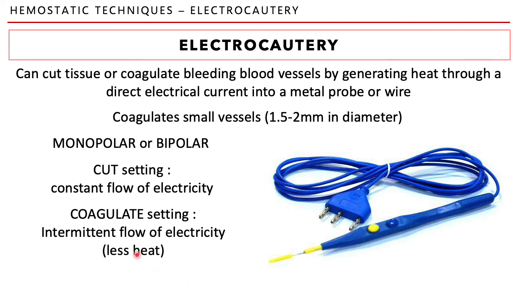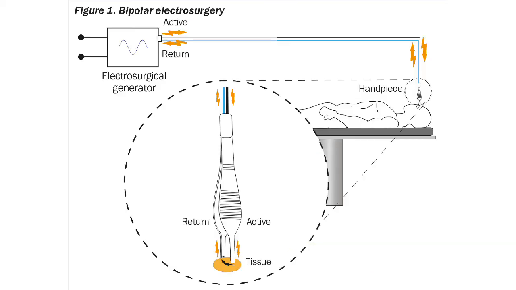It's intermittent, so that it doesn't heat up as quickly. So as you can see, this is a bipolar. When you put them together, there's more electricity that goes in. Bzz, bzz, bzz. I'll show you a lot of videos because this is pretty cool.